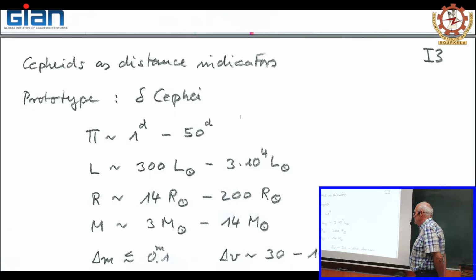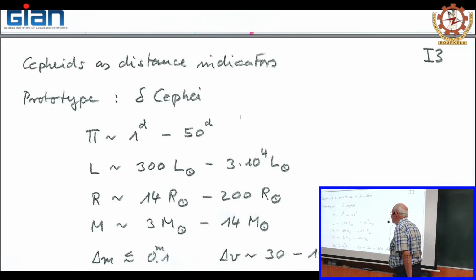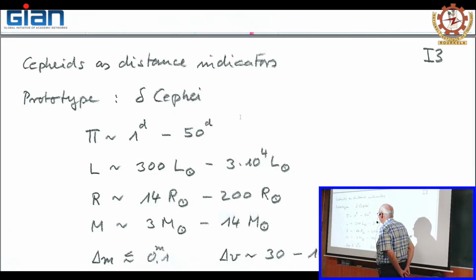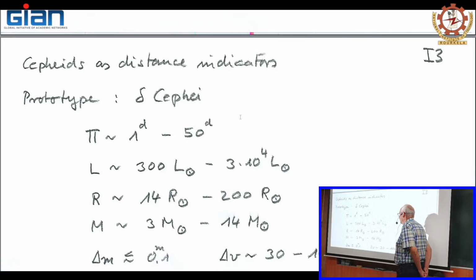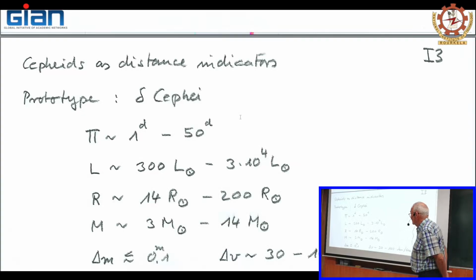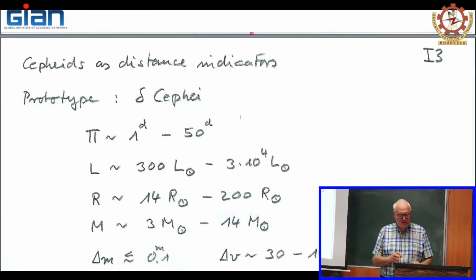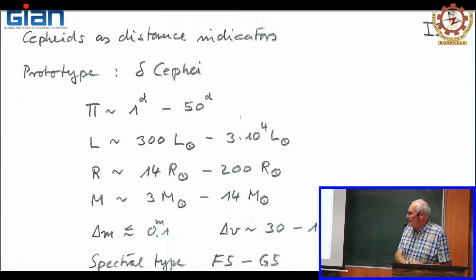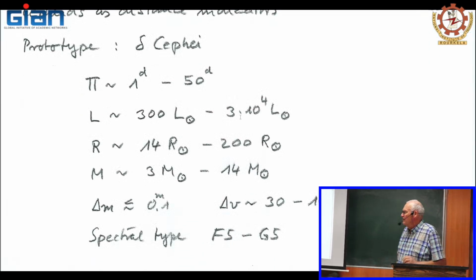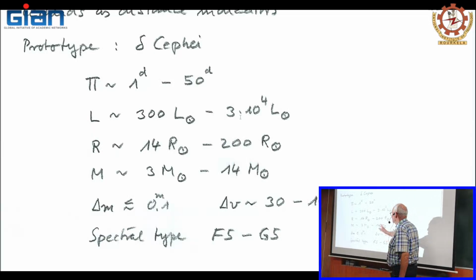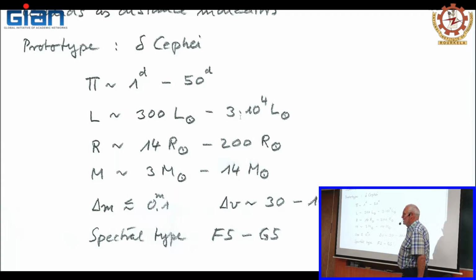So for Cepheids, the main importance for astrophysics is that they are used as distance indicators, and the prototype Delta Cephei, which we will discuss in detail now. Well, the period of Cepheids ranges between 1 and 50 days. So this is accessible for human beings. These are periods which we can measure in our lifetime.